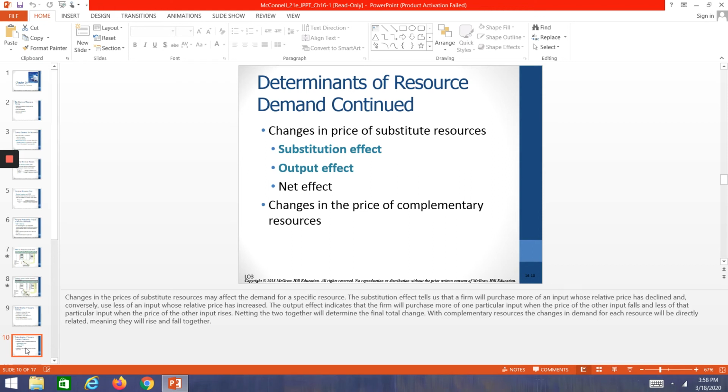So the output effect is stronger here, the net effect, because it's cheaper to produce, so they can sell more, so they need more workers in the total industry. So it just depends. And read over that document that I provided for you in course documents.